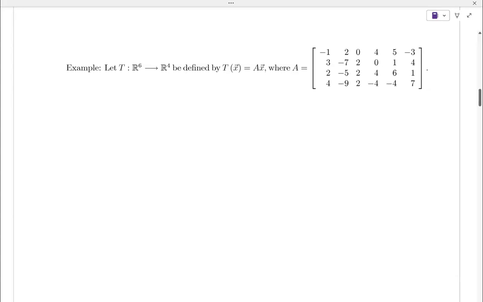Which is it not? 1 to 1, right? I can do it from both dimension and looking at the matrix. Dimension of the input is 6, dimension of the output is 4, right? Can't be 1 to 1. Could be onto. I'd have to row reduce it and check. But certainly when I look at the matrix, can I possibly get a pivot in every column? No, not possible, right?